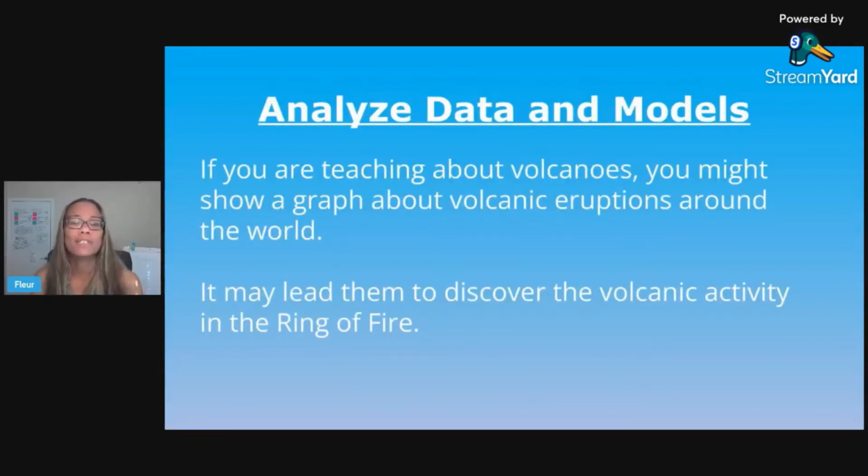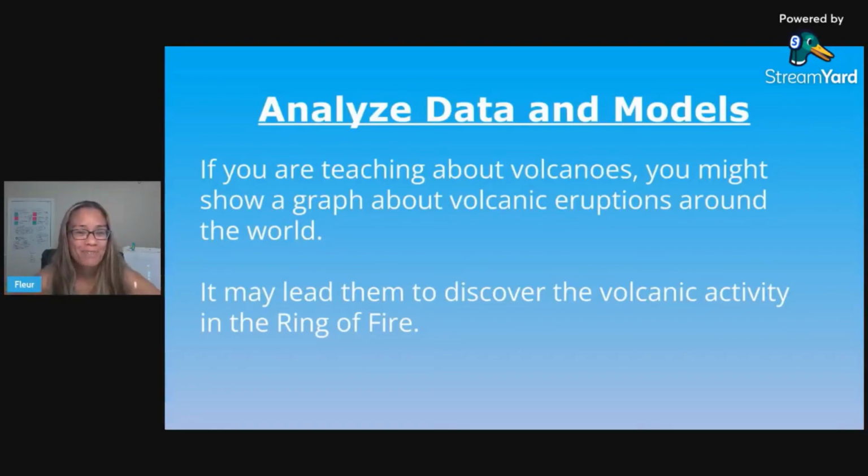Another thing you can do is have students analyze data and models. Models include anything that is 2-dimensional or 3-dimensional. So it could be diagrams, it could be an actual model that you have. Like I teach about cells, and so I have the big 3D cell models that could be used during Explore, or the Earth science models, all those things.